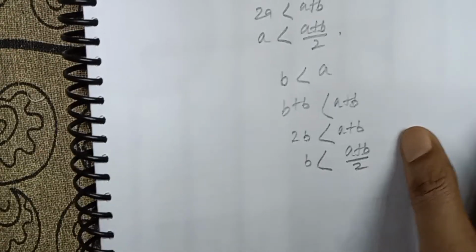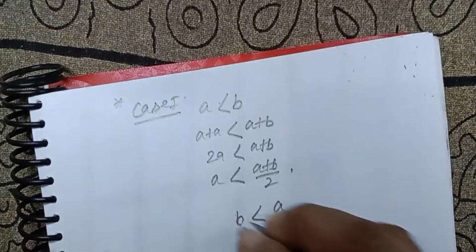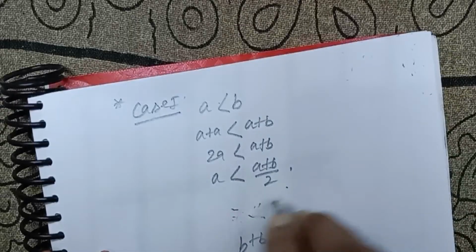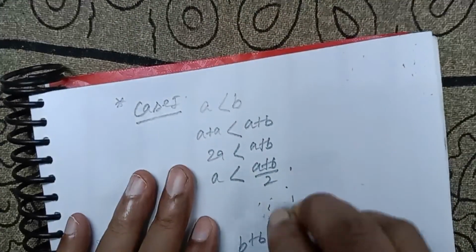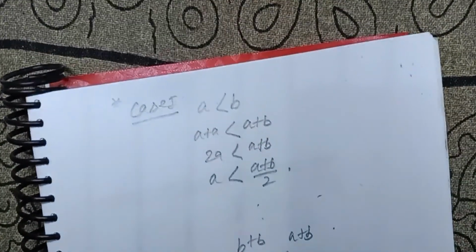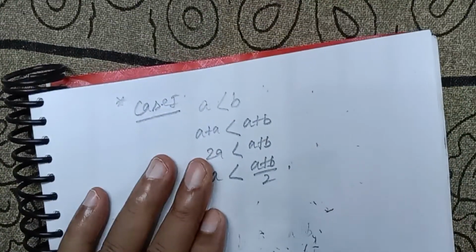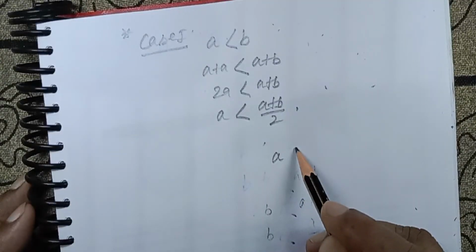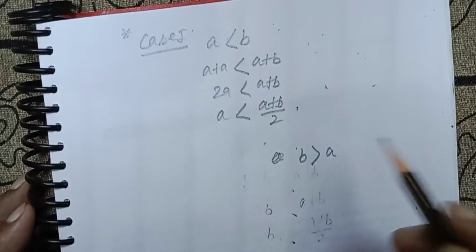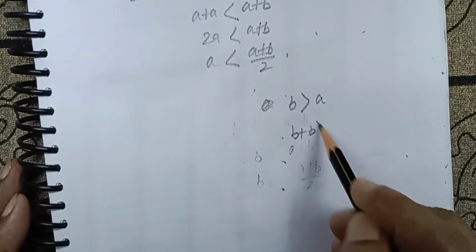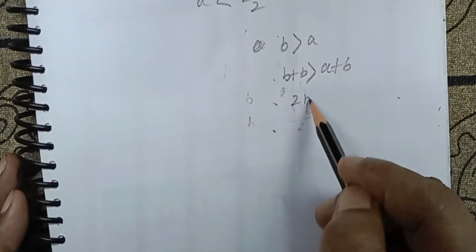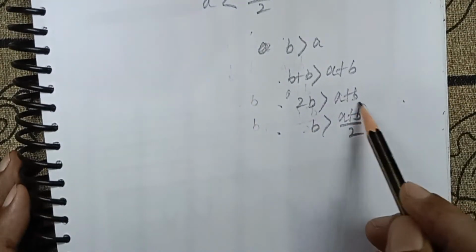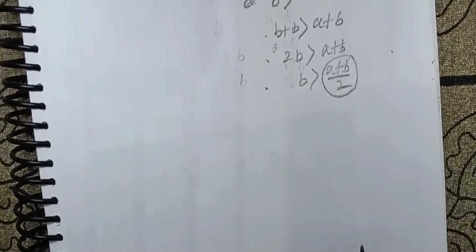One minute, just one minute. Let me write it like this. b is greater than a, that means b plus b is greater than a plus b. This way it is easier: 2b is greater than a plus b, so b is greater than a plus b by 2, that means a plus b by 2 will be lesser than b.